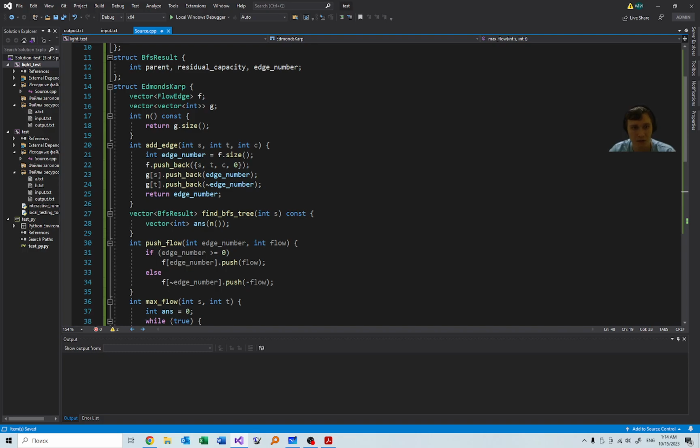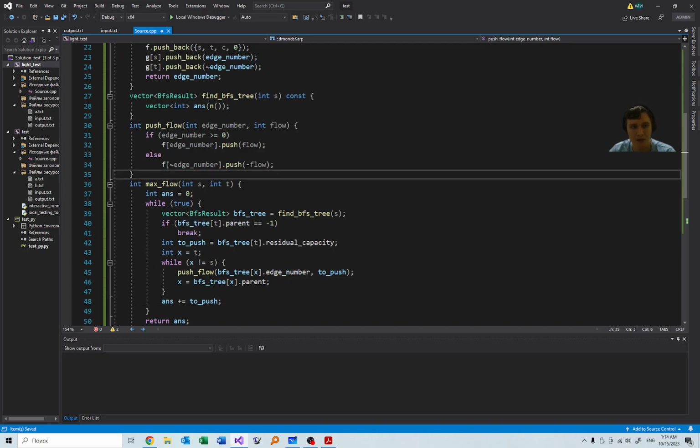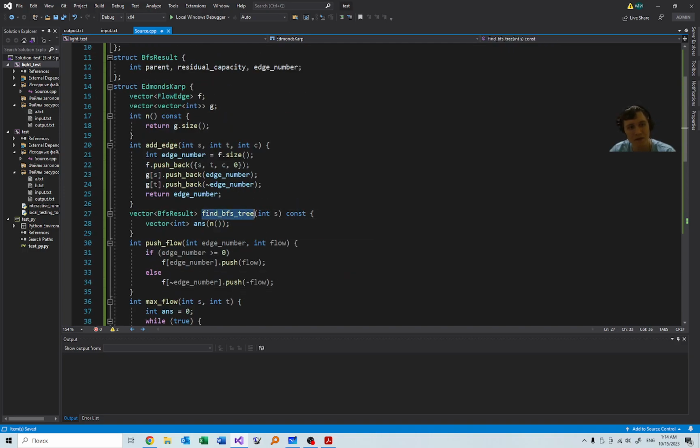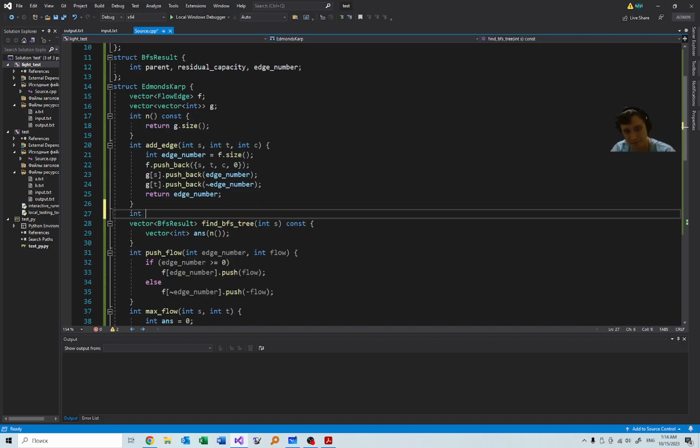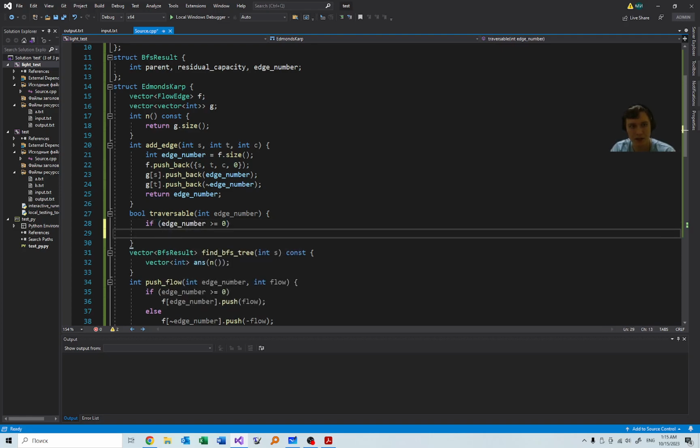Also, in the bfs3 I will need a function called traversable, int edge number. So if edge number is at least 0, I will just check that f edge number is traversable. Maybe it's traversible.